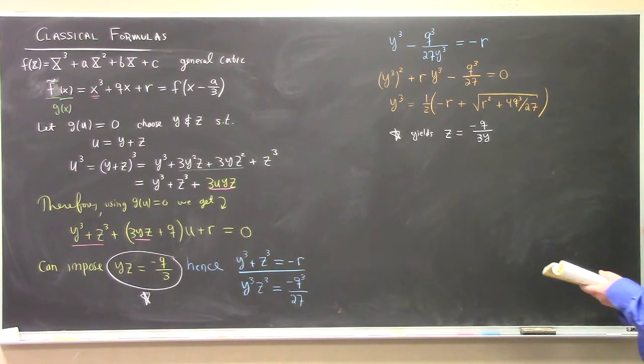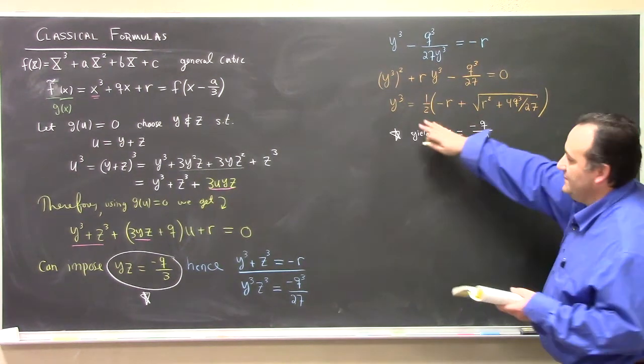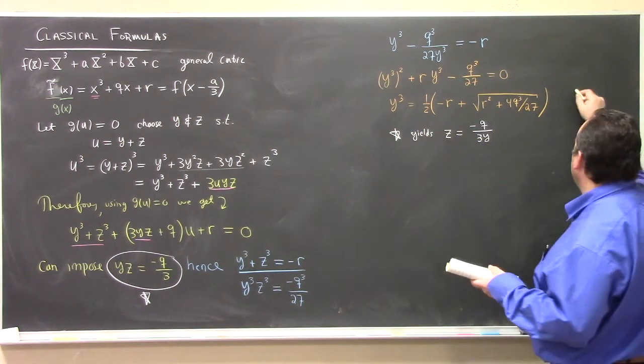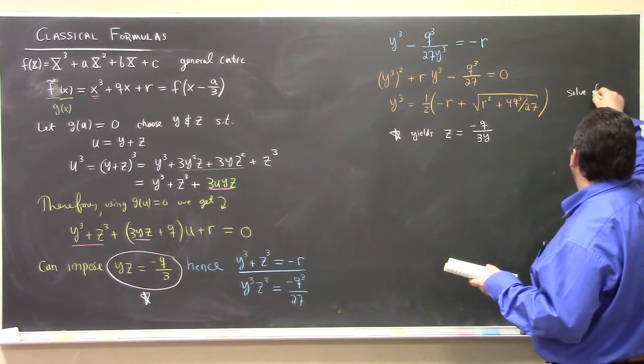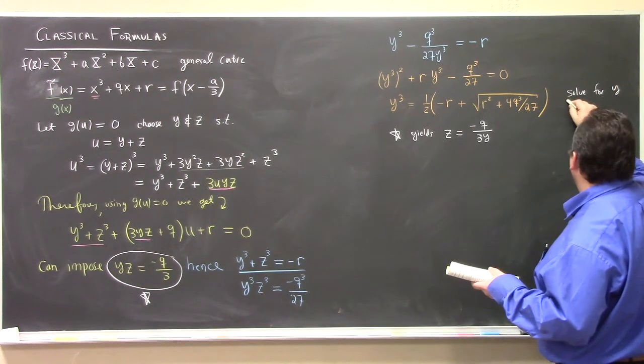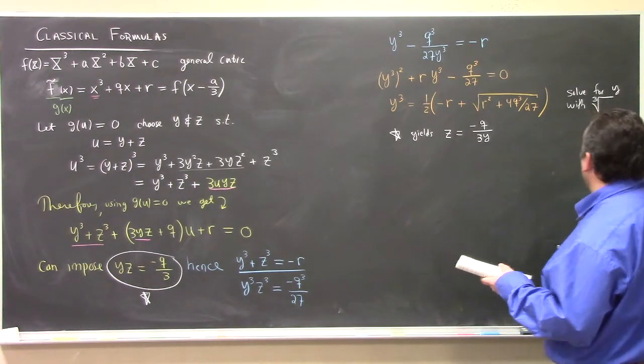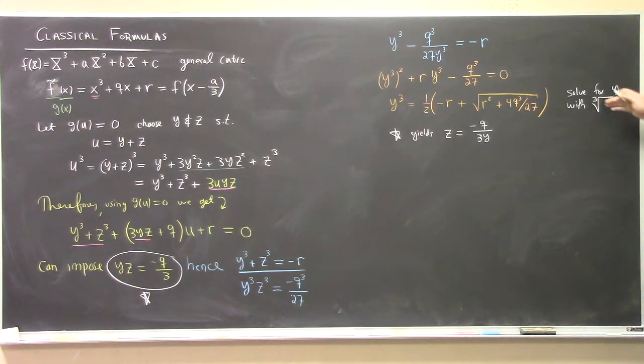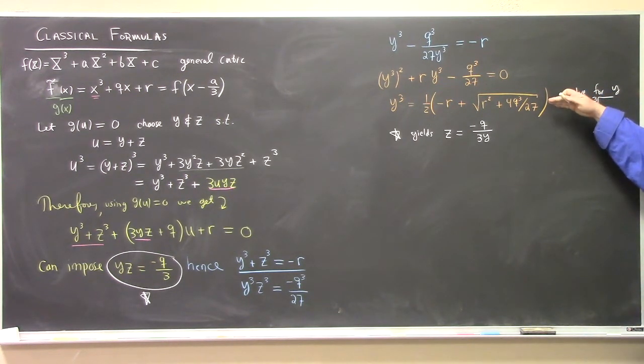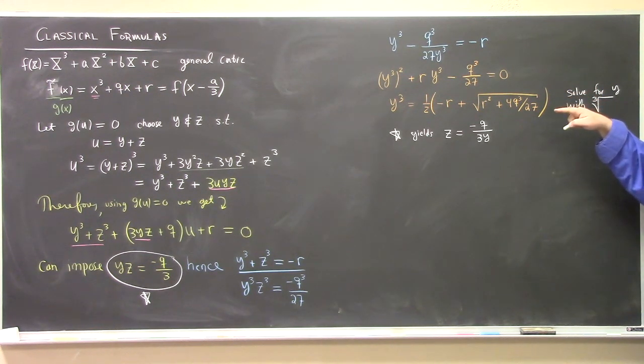So you put this all together. Fine. To solve for y, what would you do? Yeah, you just cube the whole thing, I mean, the cube root of it. So this clearly shows you how to find y in terms of q and r, which are given after the depression step.